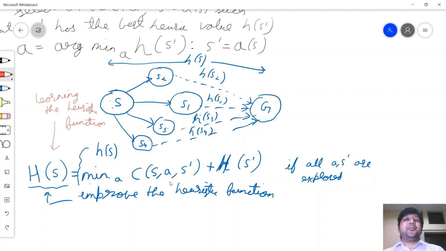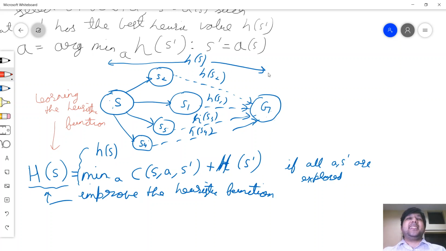And if you explore all the S, A, S dash, you actually get the distance function of the Dijkstra's, and it fails to learn anymore because it has got the best heuristic function. So if your agent is anyways operating, you could let this thing run in the background for all the observations.